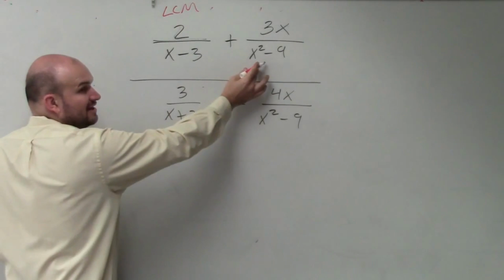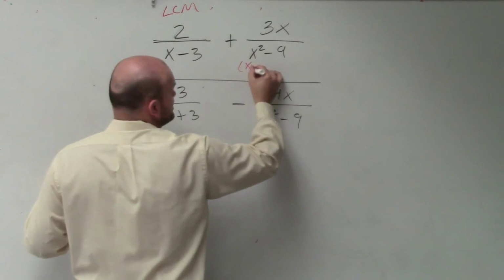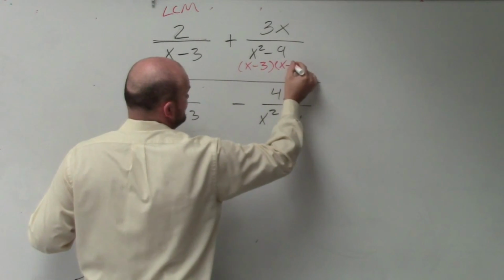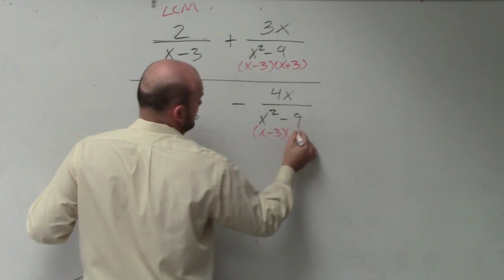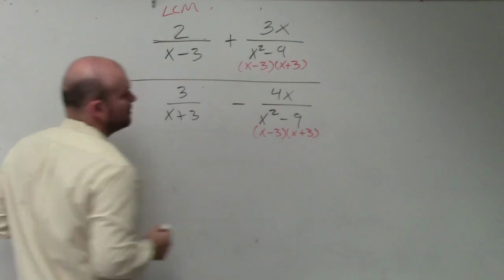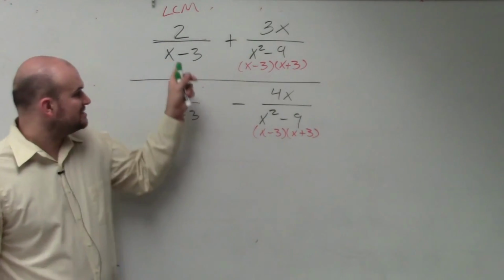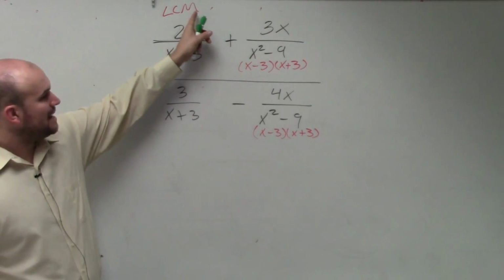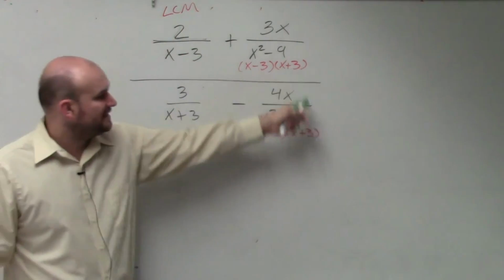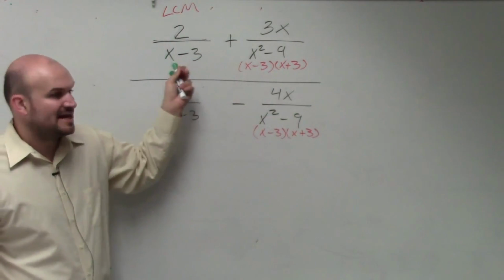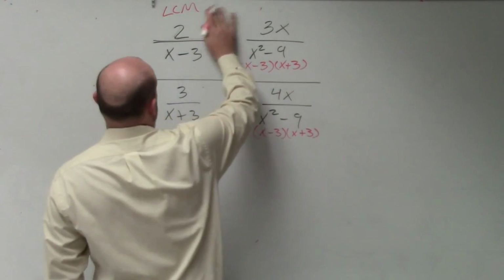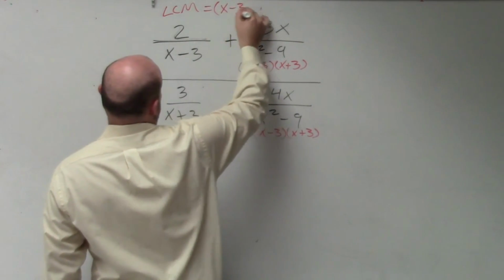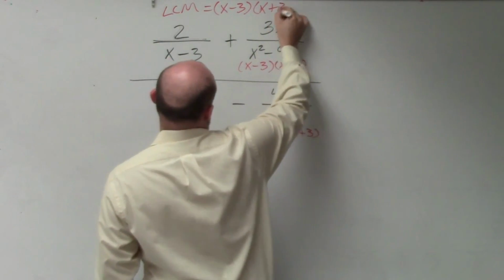Well, here I can factor this. Difference of two squares tells me this is a factored form of x minus 3 times x plus 3. So if you look at this, the common multiple for all of these has to contain at least an x minus 3 and an x plus 3. Does everybody agree with me? So my common multiple is x minus 3 times x plus 3.